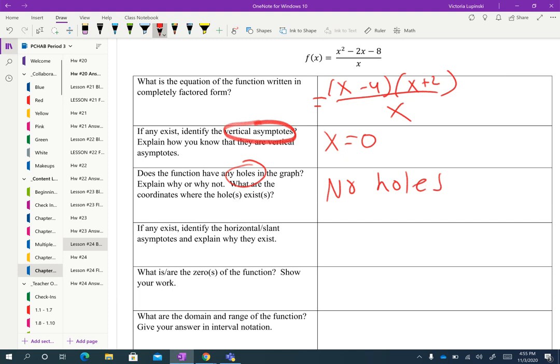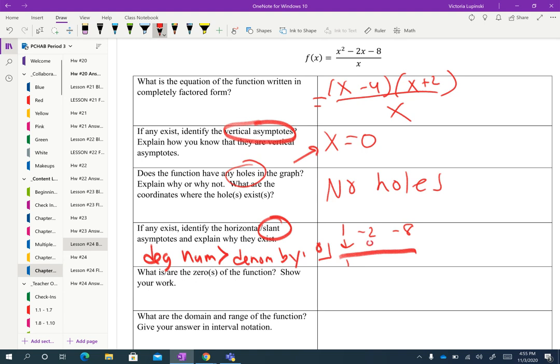When it comes to horizontal or slant asymptotes, there is going to be a slant asymptote because the degree of the numerator is greater than the denominator by exactly 1. Remember, you're going to copy your coefficients. You're going to set the denominator equal to 0 and solve. So it turns out 0 is going to go in the box.